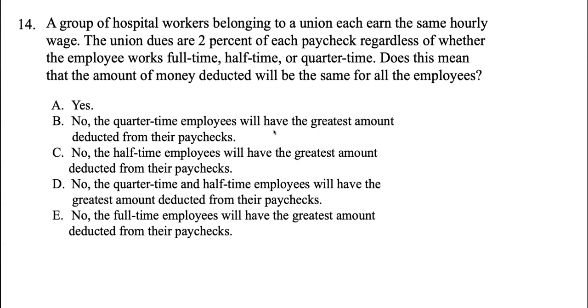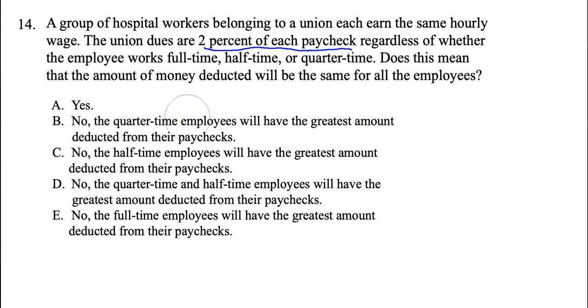14. It says a group of hospital workers belonging to a union each earn the same hourly wage. The union dues are 2% each day, or each paycheck, regardless of whether the employee works full-time, half-time, or quarter-time. Does this mean that the amount of money deducted will be the same for all employees?